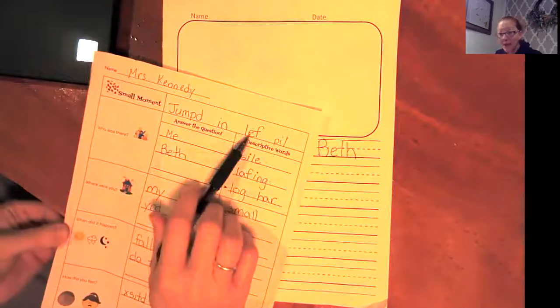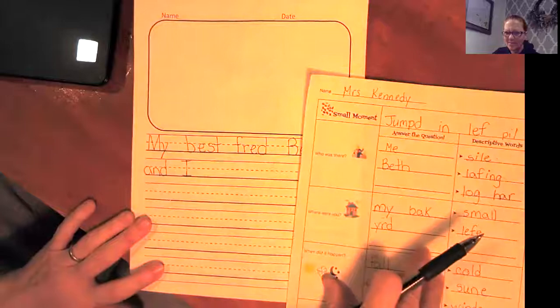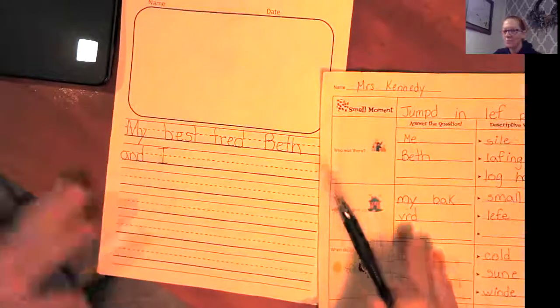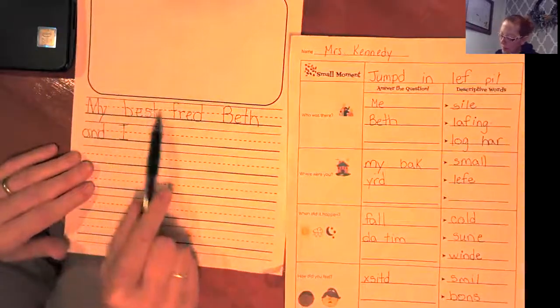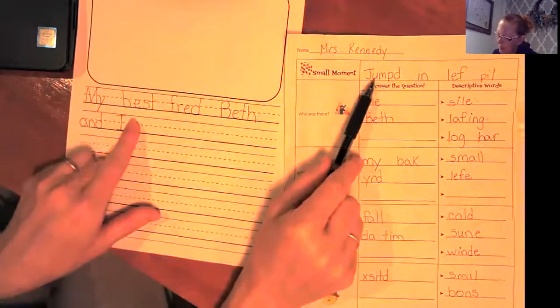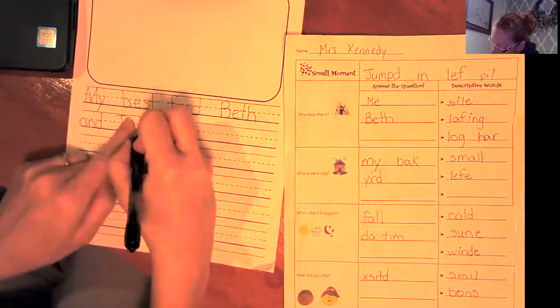It's my small moment, so I can just write this in here. So I already did the work. How can I squeeze this in? Oh, there we go. My best friend Beth and I jumped. I don't need it to be capital though, because it's in the middle of my sentence.